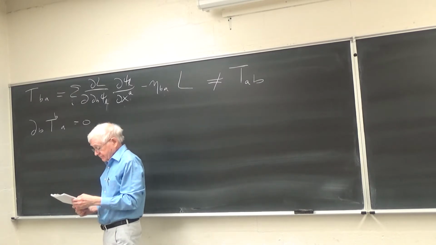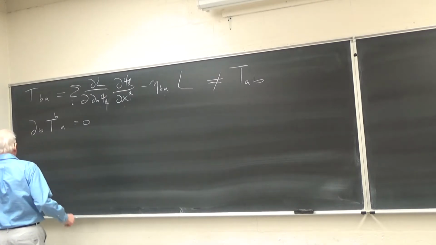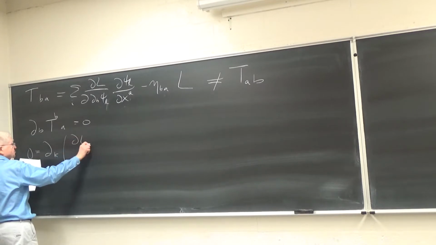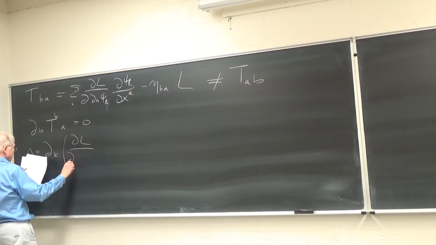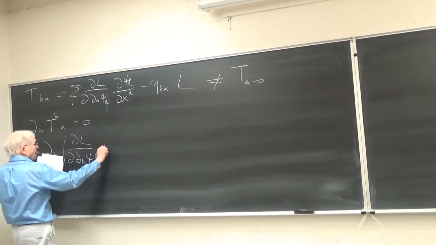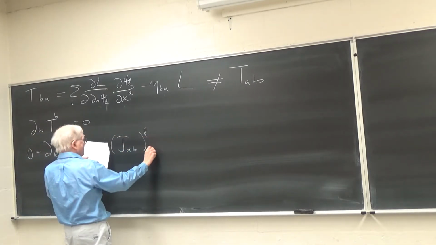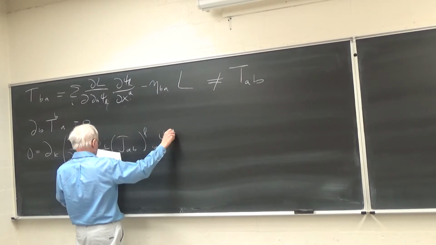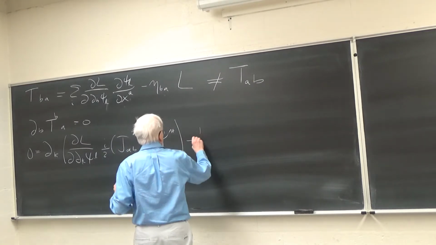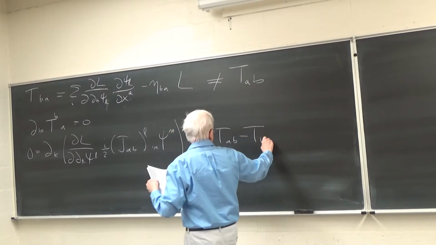And so we can rewrite this equation here as 0 is the kth derivative of partial of L, the action density with respect to the kth derivative of psi L, I over 2 JAB LM psi M, so all this part, and then minus a half TAB minus TBA.